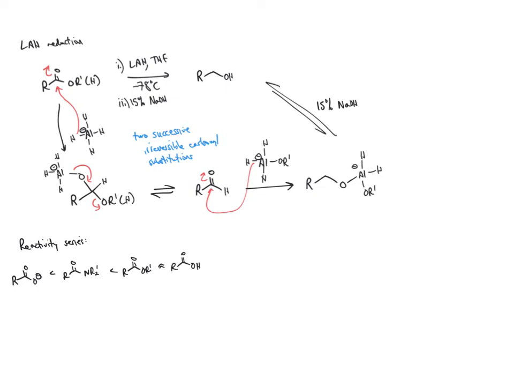We also know that sigma donation or resonance into carbonyls is going to make it less reactive, and so ketones should come first, followed by aldehydes, which are more reactive. Okay, and then we finally have the anhydrides and the acid chlorides.